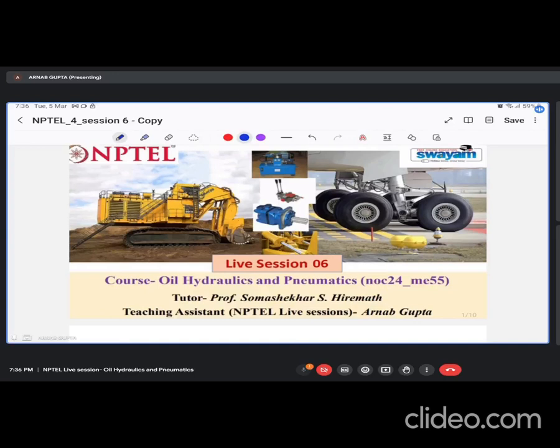Only one application you are seeing there, but if you are not attempting other examples or problems, then by seeing a question you won't be able to judge which type of valve you must be using. Such things will come with practice. So I will request you to go through some standard textbooks for this circuits part, along with the examples that we are solving in class or sir has discussed in the lecture videos.